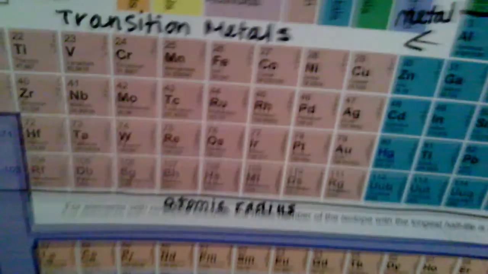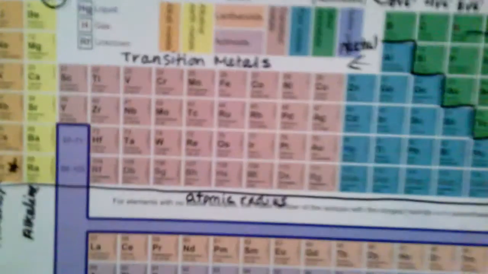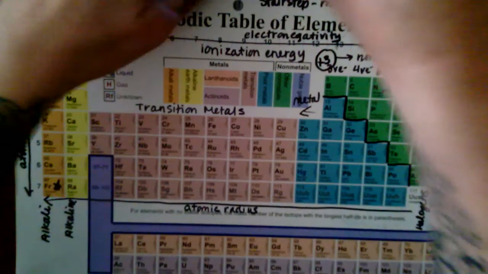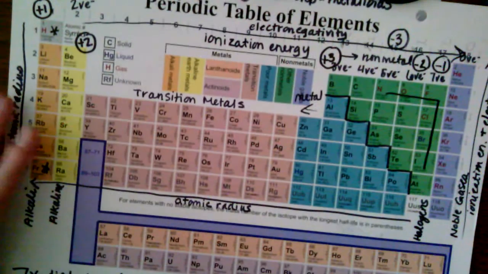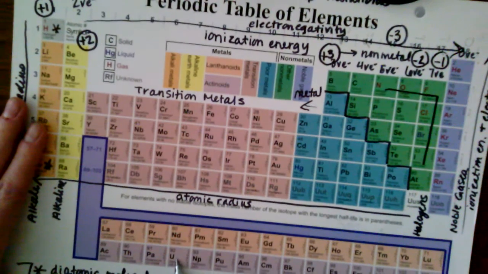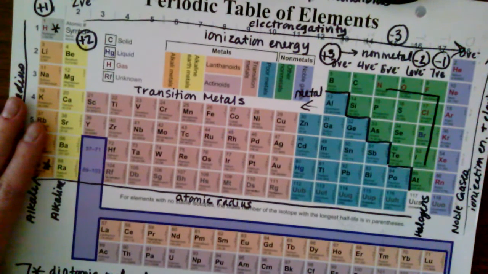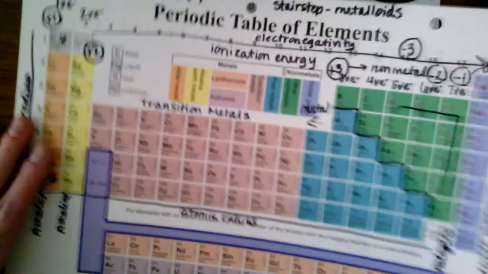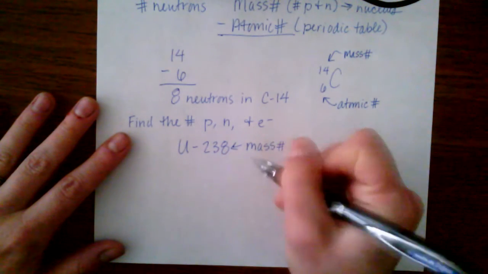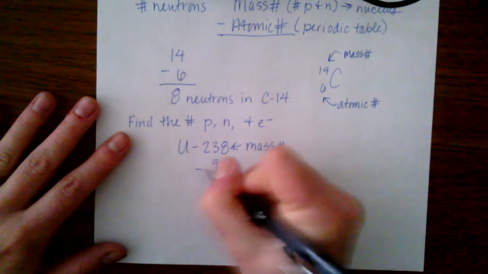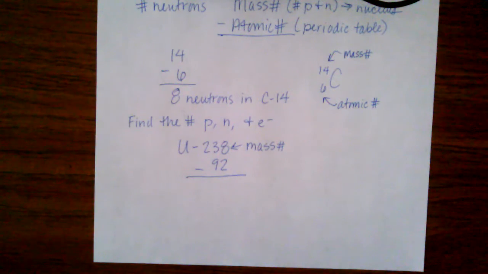So let's see if I can get this to zoom in on it maybe. Uranium is down here at the bottom. It's kind of hard to see on this one. Okay. But it does have an atomic number of 92. That's what this number right here is. So atomic number is 92. So to find the number of neutrons, 238 minus 92.